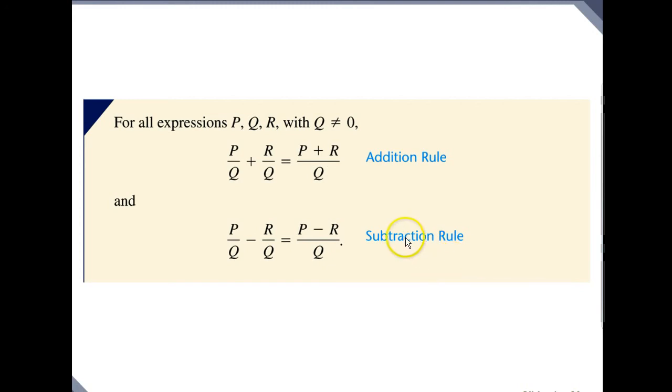Now here, we're going to add fractions. In order to add fractions, if they have the same denominator, we just add our numerators. If we're going to subtract fractions with the same denominator, we just subtract the numerators, which is what is illustrated there.